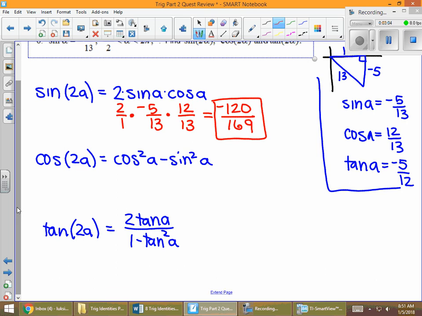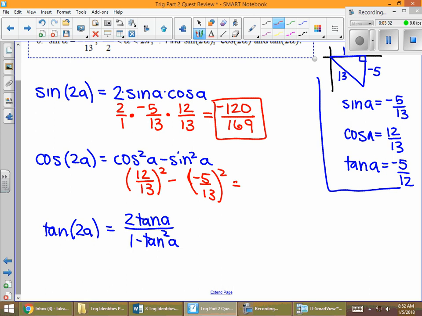Sine of 2a. Cosine of 2a. So we need to put in our cosine value and square it. Subtract our sine value, squared. Now a common denominator is built in here. You need to be careful. If you're going to put this in your calculator, put it in exactly as it looks right now, with the negatives and especially with those parentheses.